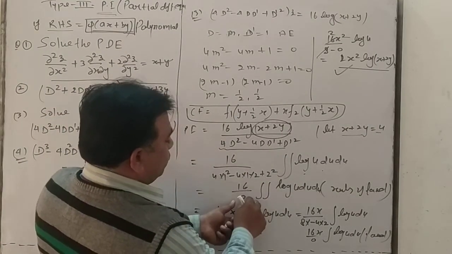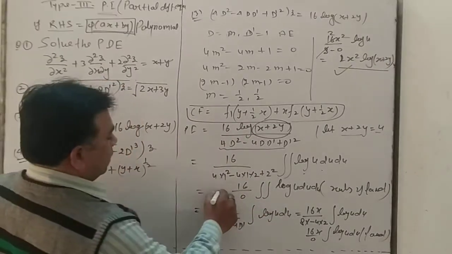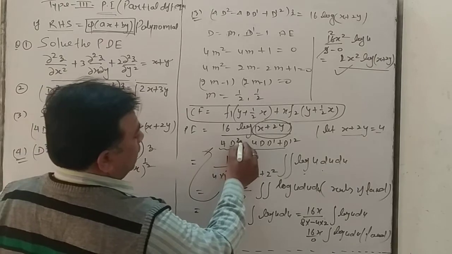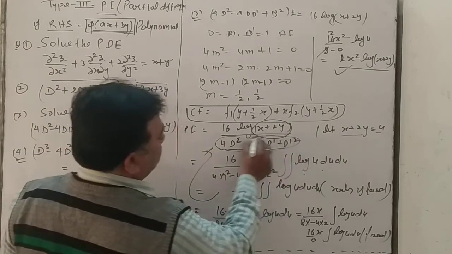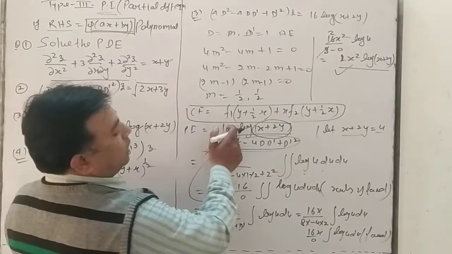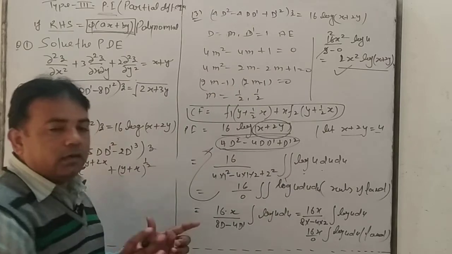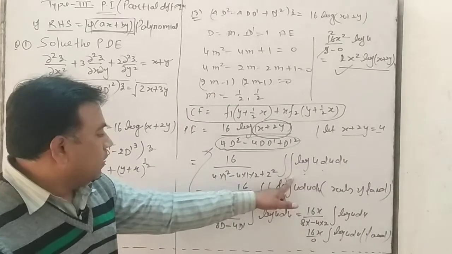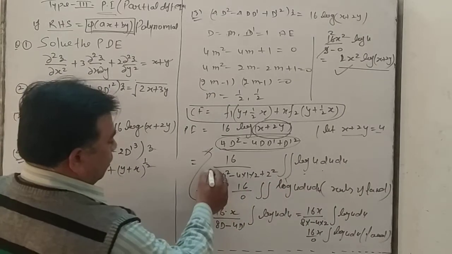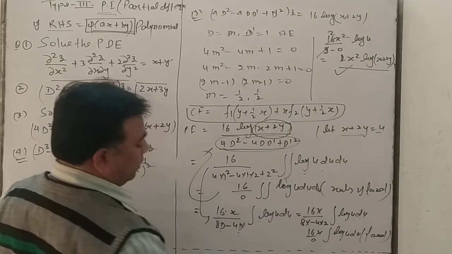The denominator is 0, so the rule has failed. You again repeat: differentiate this function with respect to D, multiply the numerator by x, and remove only one integration sign. So here is the step: 16x, differentiate this, removing the first integration sign.